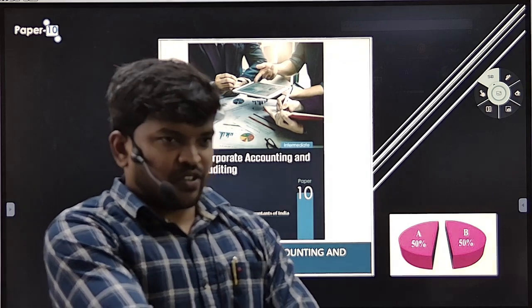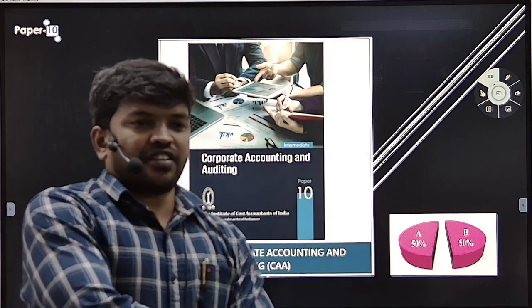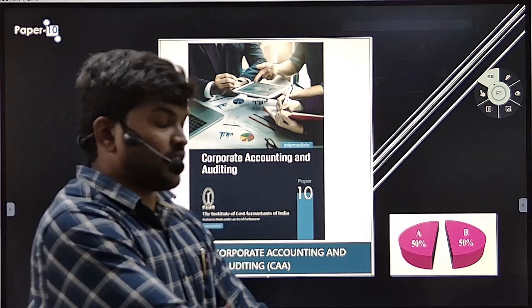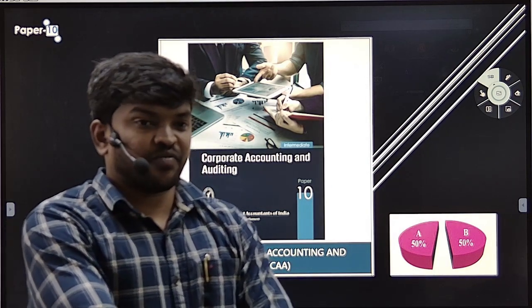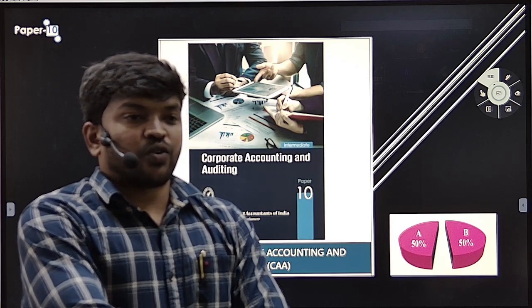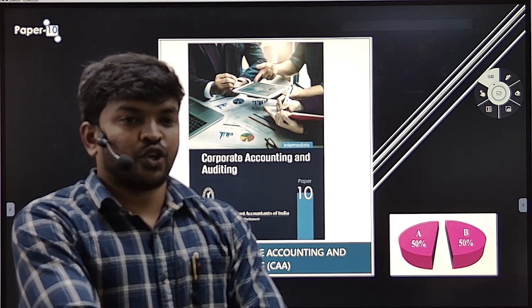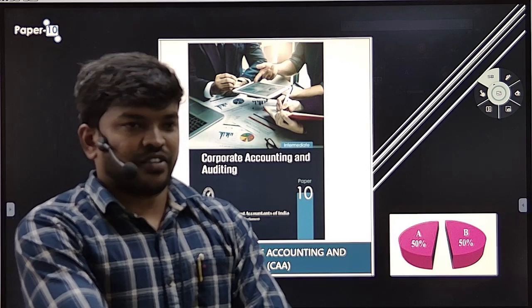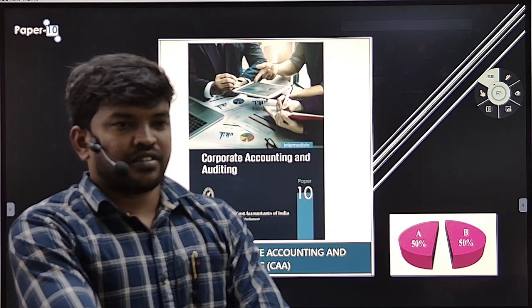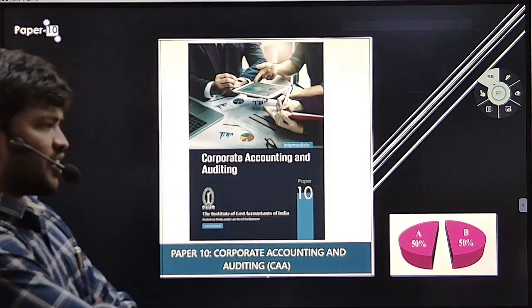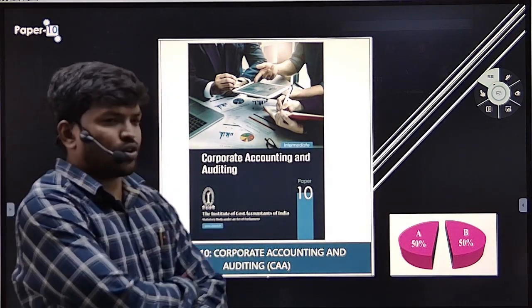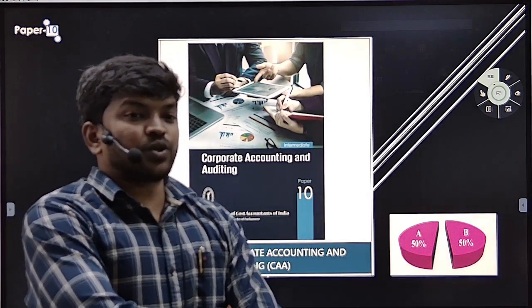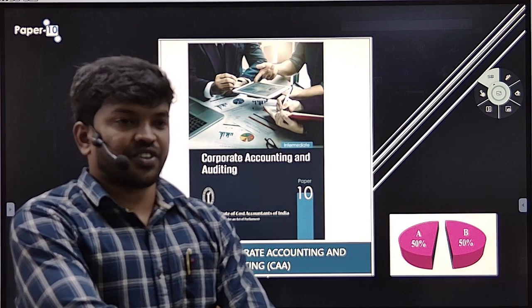Out of 7, 5 questions are from corporate accounting, 2 questions are from audit. 5 and 2 or 4 and 3, I guess. 4 questions are from corporate accounting, 3 questions are from audit.